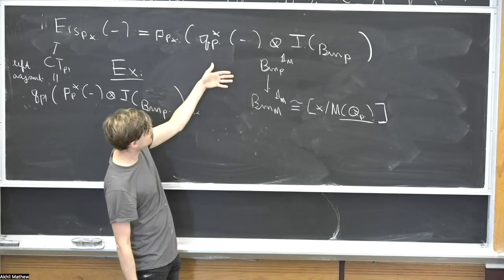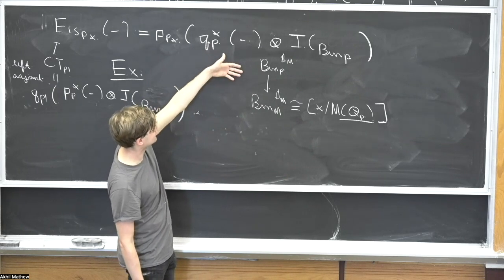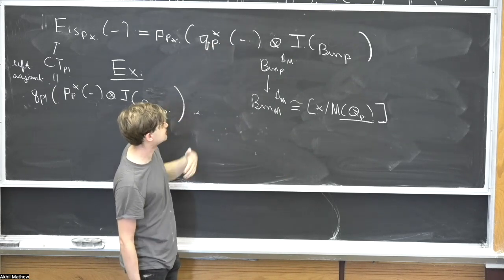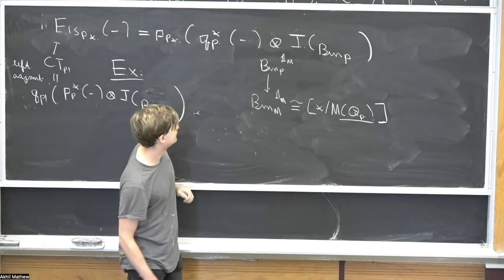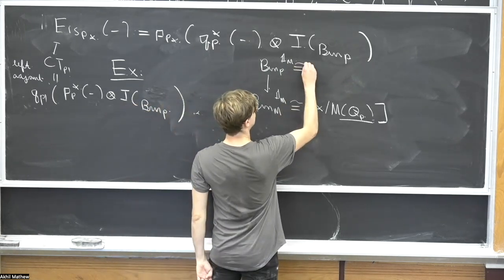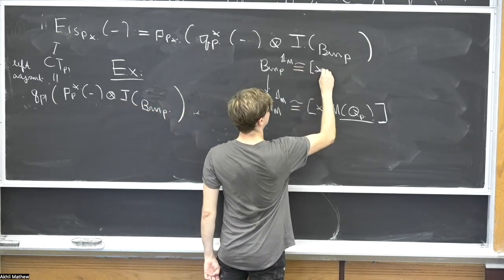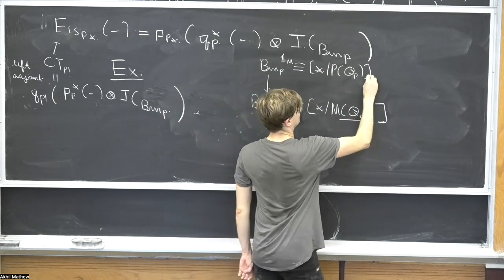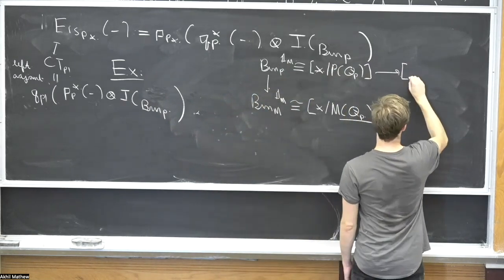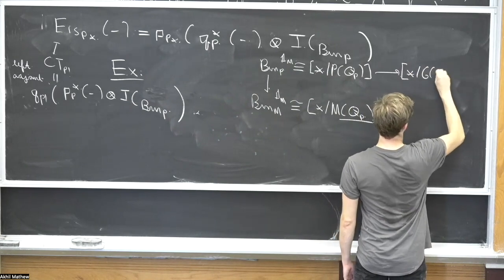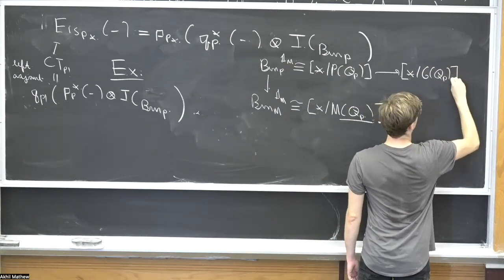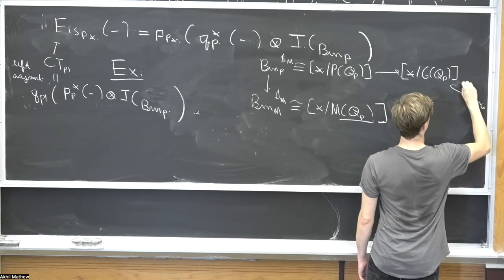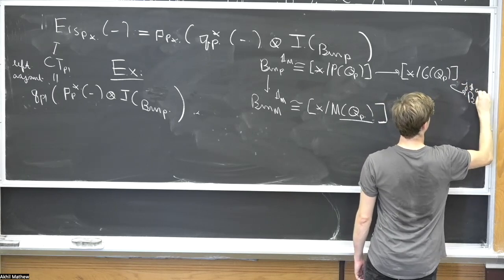But it's pretty easy to see by Harder-Narasimhan considerations that every such filtration is going to be split, and the resulting G bundle is going to be the trivial G bundle. So in particular, this is just going to be, again, the classifying stack of star mod P of QP. And then this map is going to degenerate into star P of QP, followed by the inclusion 1G into 5G.